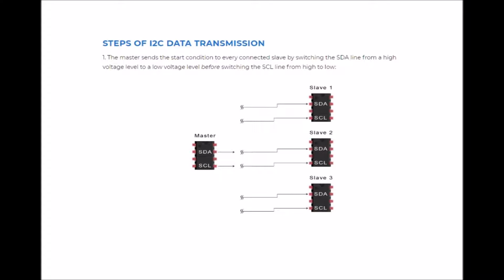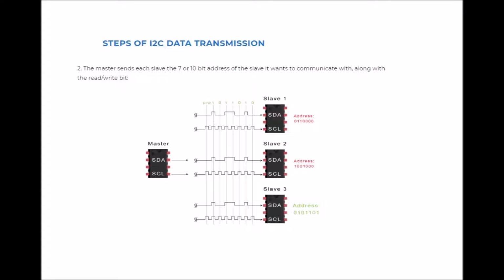Now the second step in the steps of I2C data transmission, I will read. The master sends each slave the 7 or 10-bit address of the slave it wants to communicate with, along with the read-write bit.